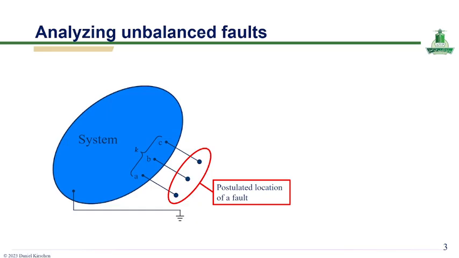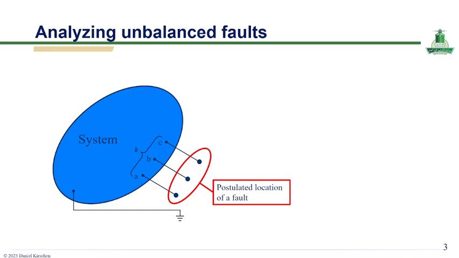A fault is assumed to occur at a specific point denoted by K, which is referred to as the postulated fault location. This abstraction allows you to focus your analysis on the impact of the fault at that particular point without needing to model the entire system in detail.